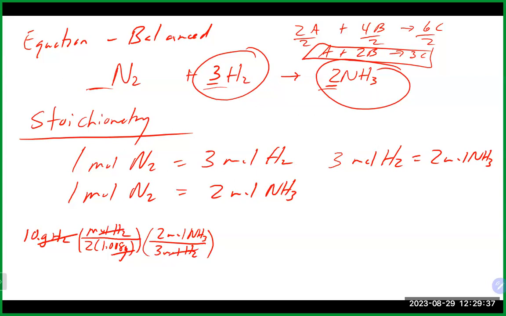I'm in moles of NH3, which means I can figure out how many grams that would be by using the molar mass here of NH3, which obviously has 1 nitrogen and 3 hydrogens, right?